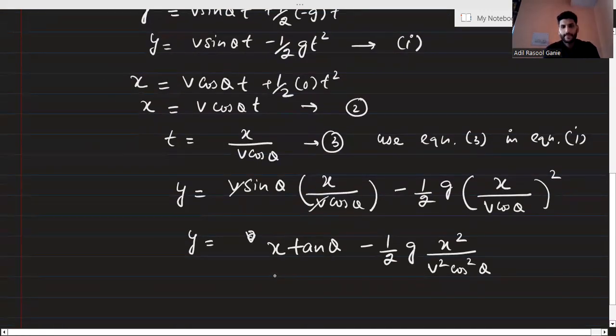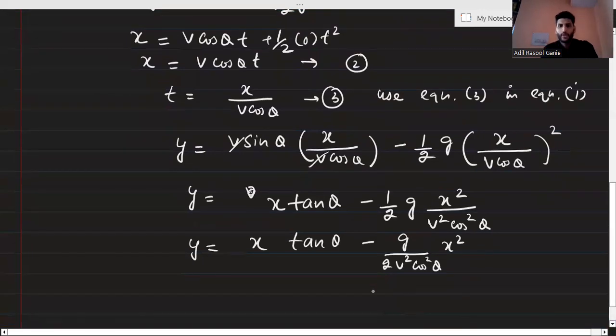So here, y will be equal to x tan theta, then minus g upon 2v square cos square theta into x square. Now, from this equation, for a given value of v and theta, we can find out the value.